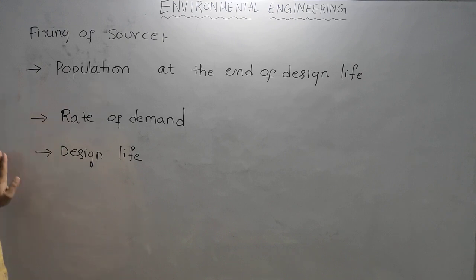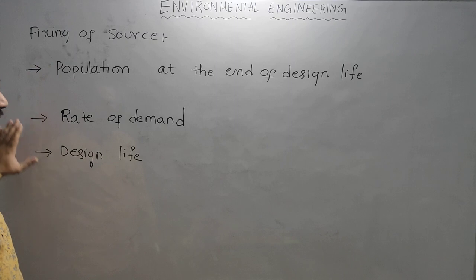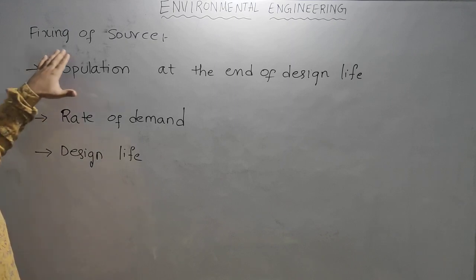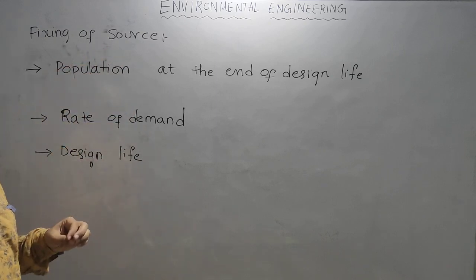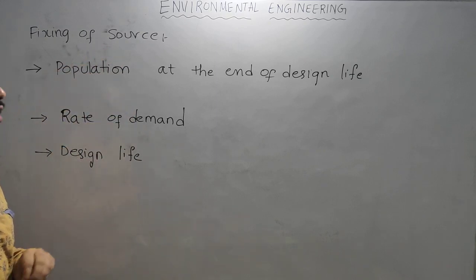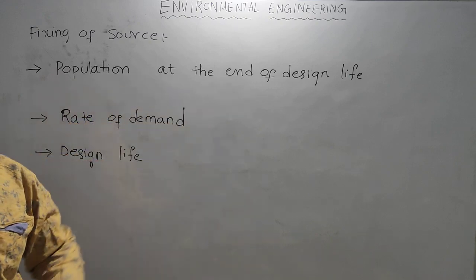So now our next topic is knowing about these three. If you know these three, then we can find whether the source has a sufficient amount of water or not. So let us start with the population now.